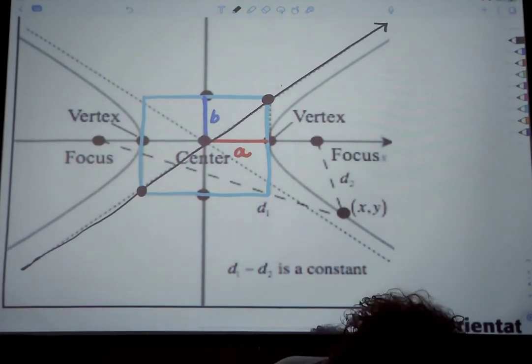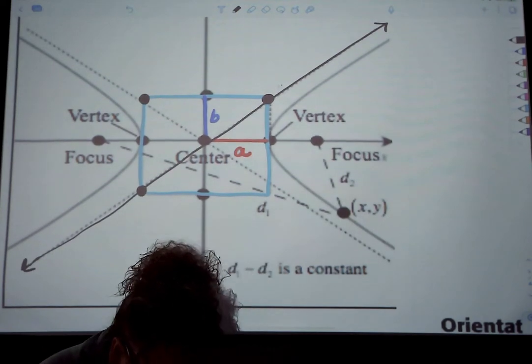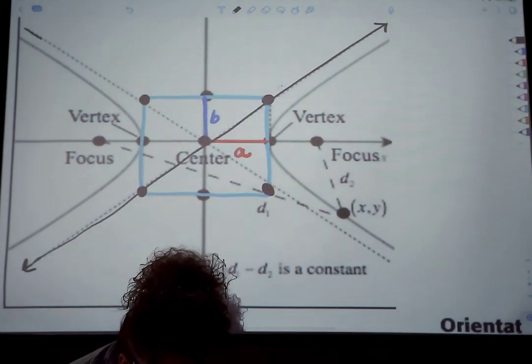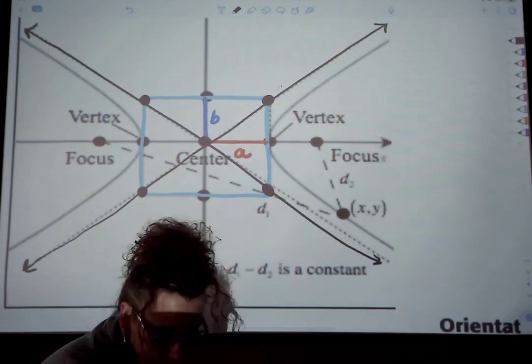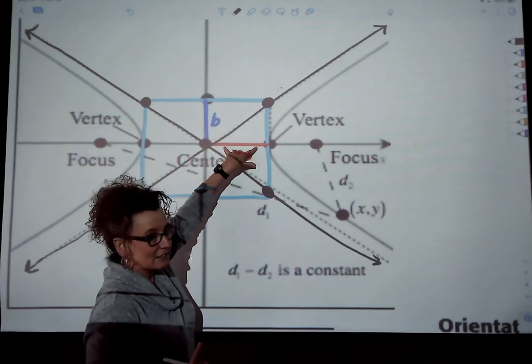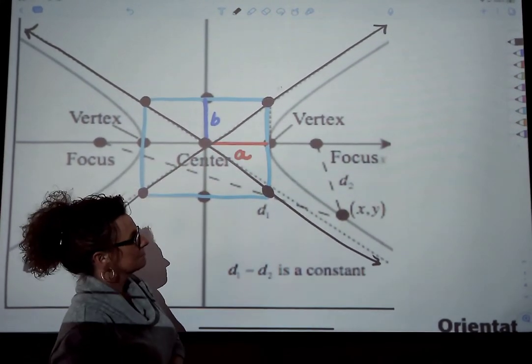They're going to be light. They're asymptotes. We don't want to make them too dark. Through each corner of my rectangle. That's why this a distance is so important and this b distance is very important.